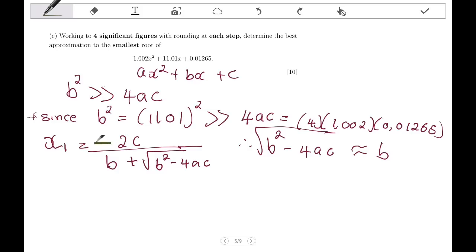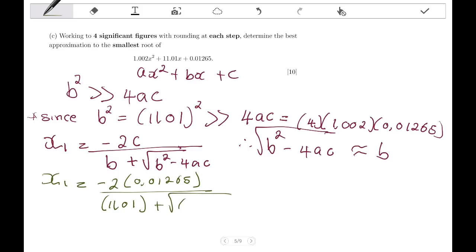So we are going to use this equation to calculate one of the roots, which is x1, and then x1 is going to be equal to minus 2 times c. We are given the value of c as 0.01265, and then all divided by b, which is 11.01, plus the square root of b squared, which is 11.01 squared, minus 4a.